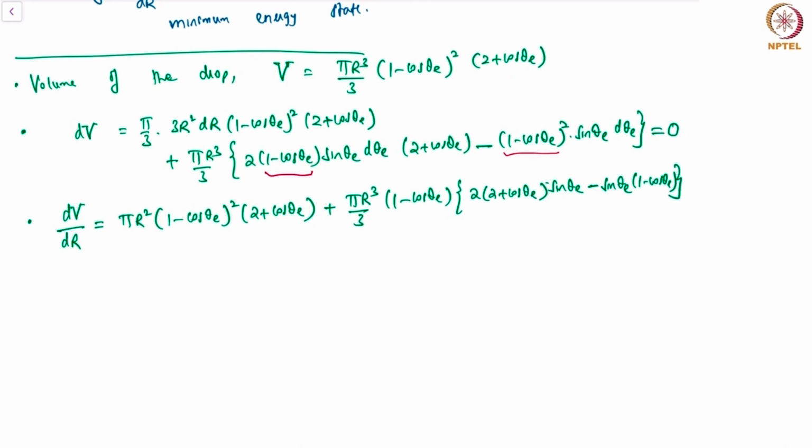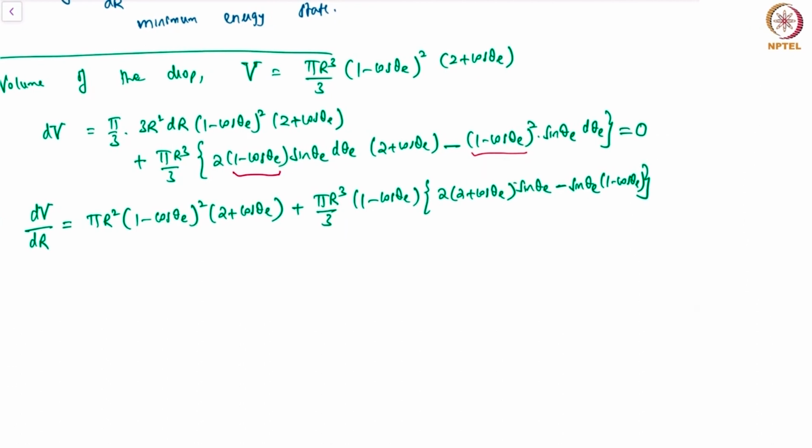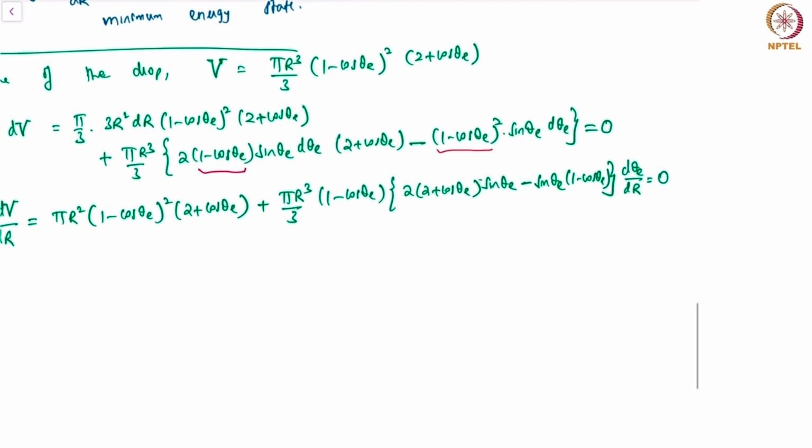This whole quantity, maybe I should make a little bit of space for myself here, is multiplying d theta e by dR. And this quantity, as we know, is equal to 0.